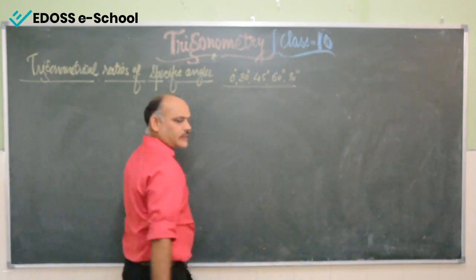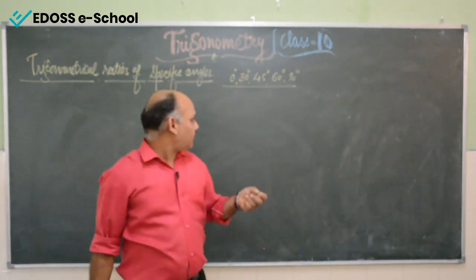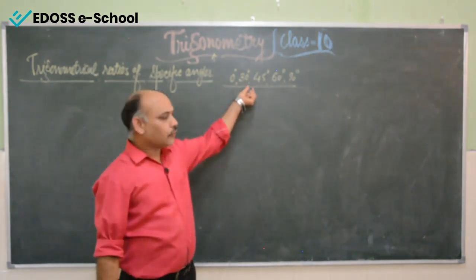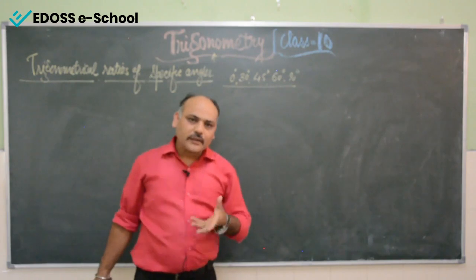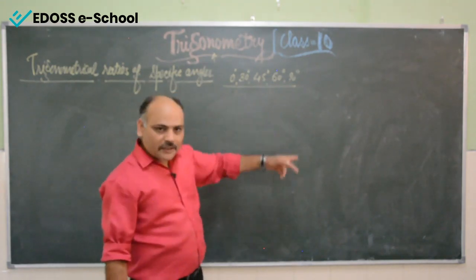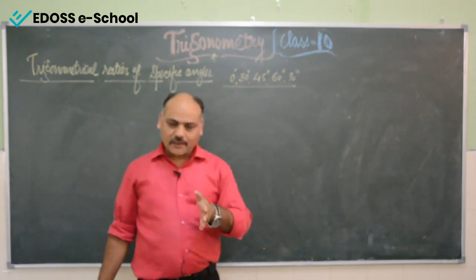These are called specific angles in a right angle triangle. Means 0, 30, 45, 60 and 90. And we have to calculate the values of the trigonometrical ratios, that is sine, cos, tan, cot, sec, cosec.